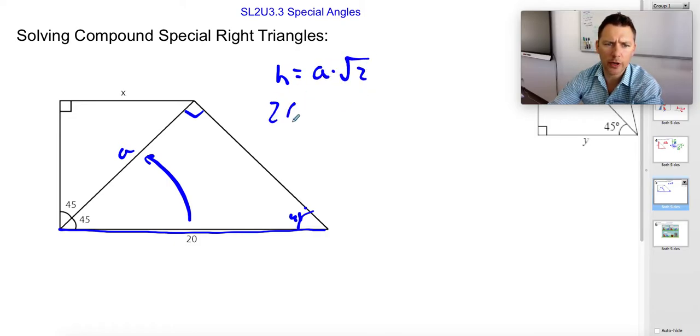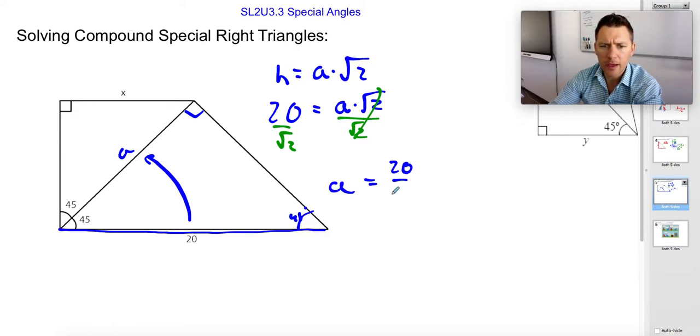Well, the hypotenuse is 20, so we've got to get rid of this root 2, so let's divide both sides by root 2. These cancel. You're left with A is 20 over root 2.